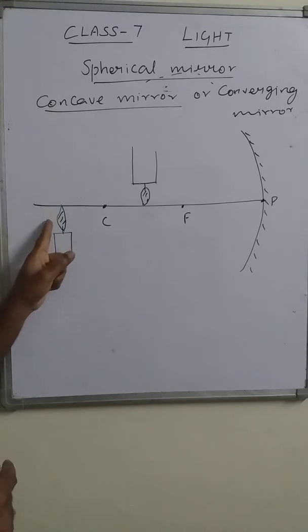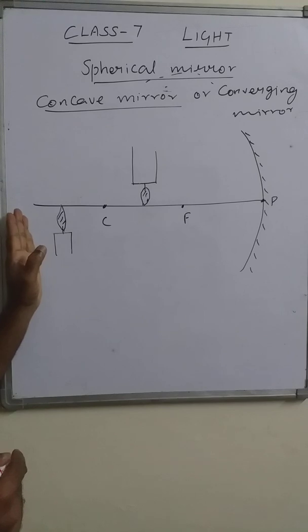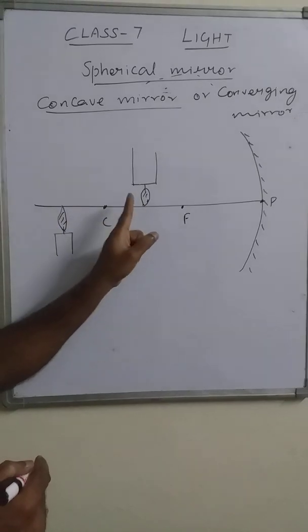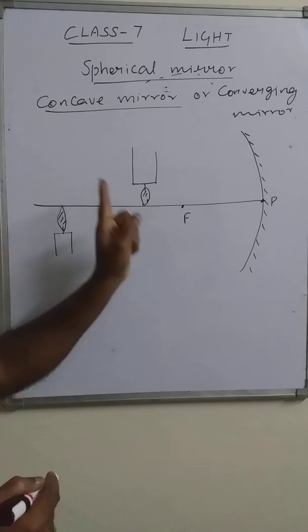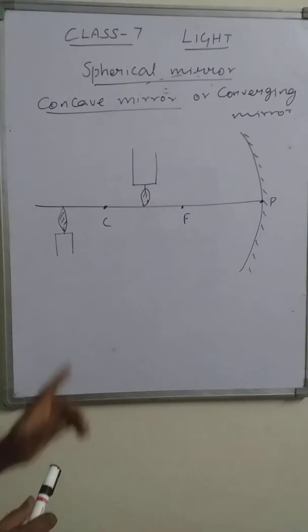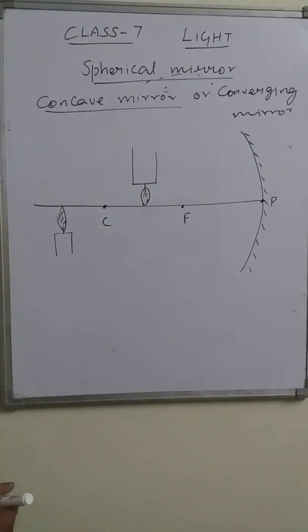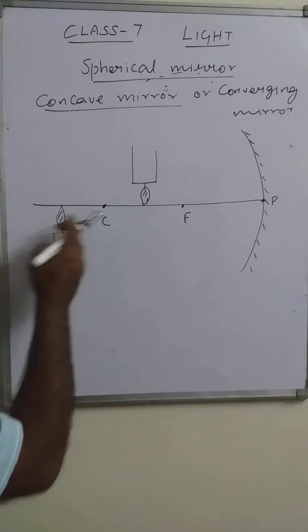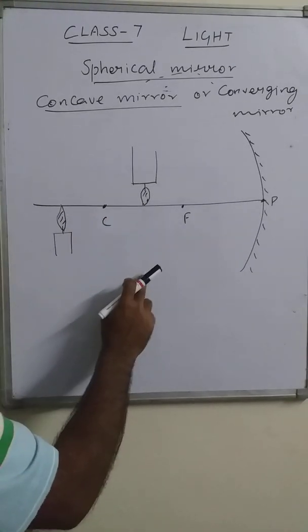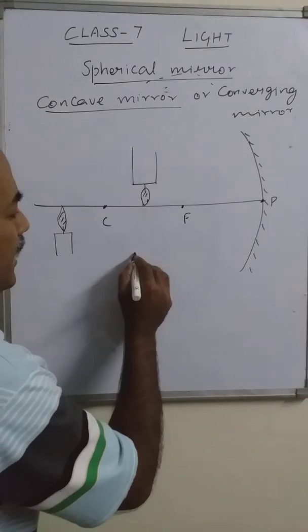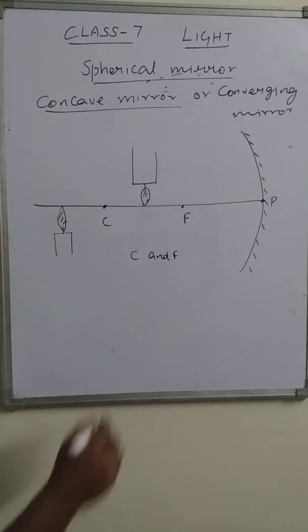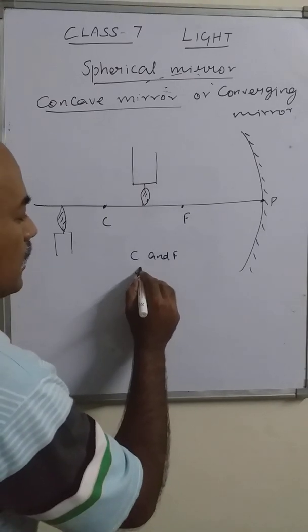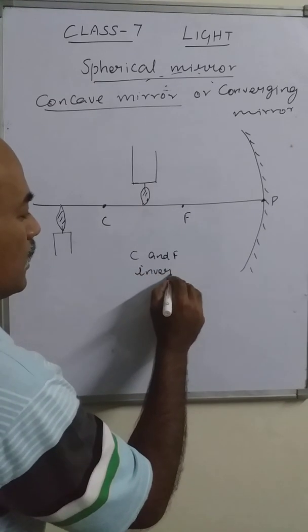So in that practical activity, we are getting this observation. When we put this object, the candle flame, behind the center of curvature, we will get the image between the center of curvature and the focus. Here the object is placed behind C, and the image is obtained between C and F, right? It is inverted.